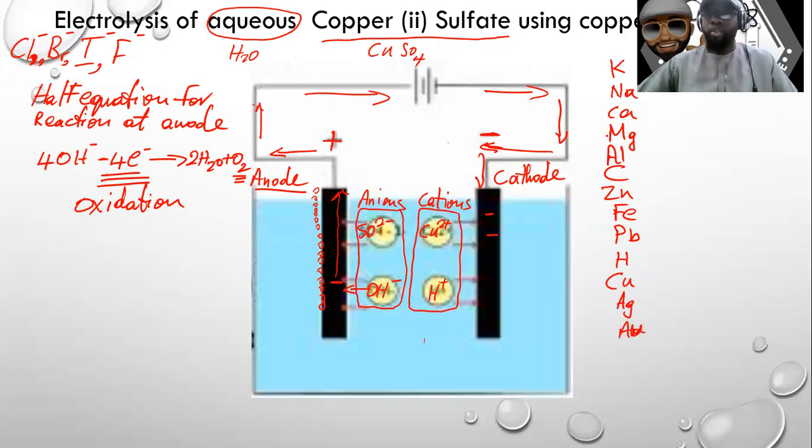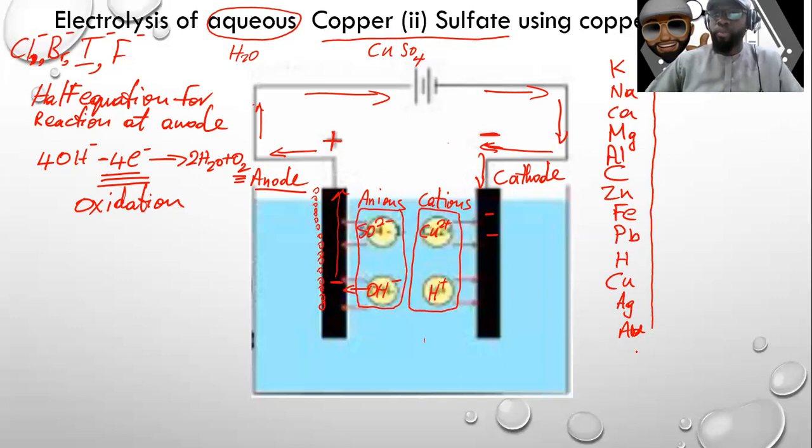So these are the symbols that represent some of the metals in the periodic table. Reactivity increases as we go from bottom to the top. So the most reactive is potassium, least reactive is gold.